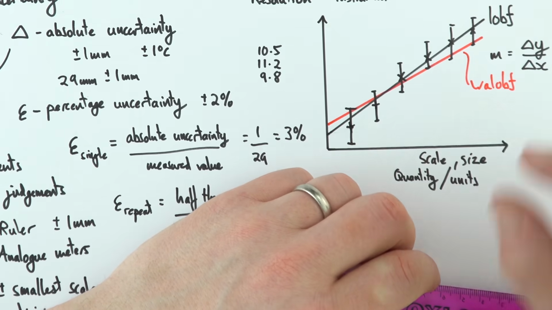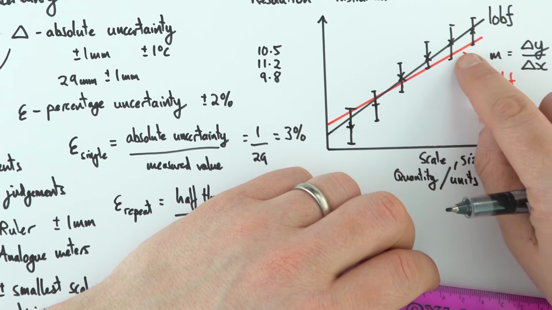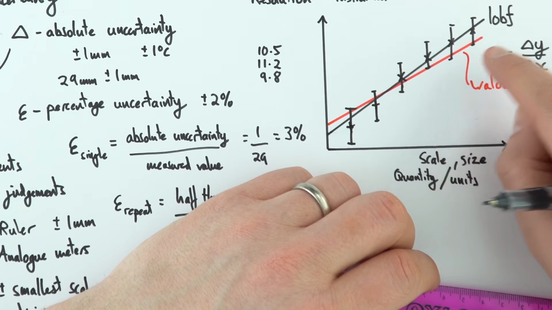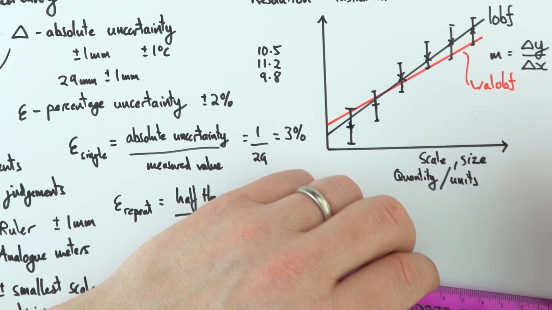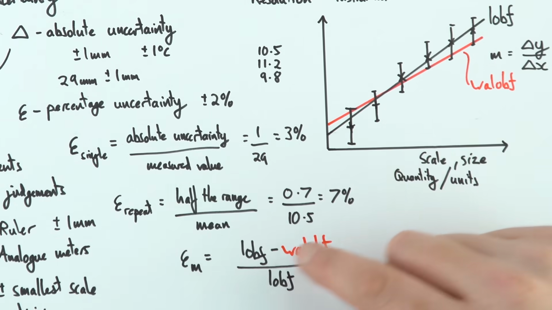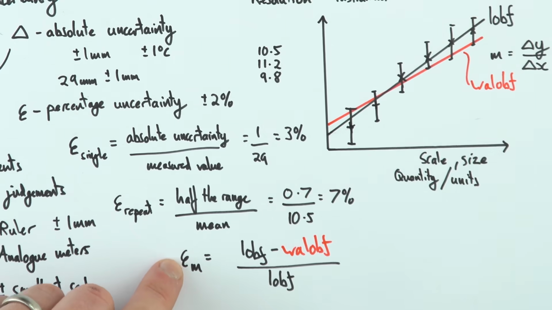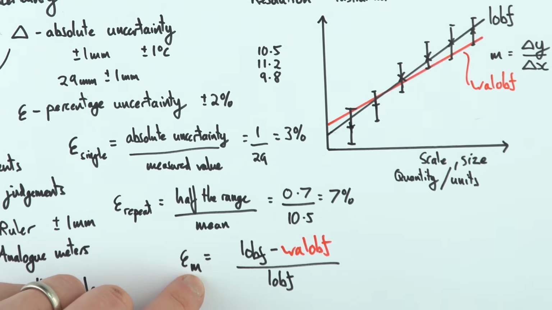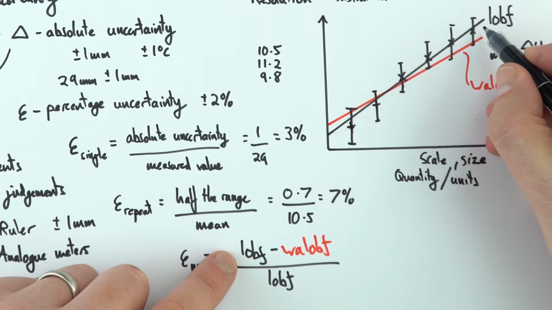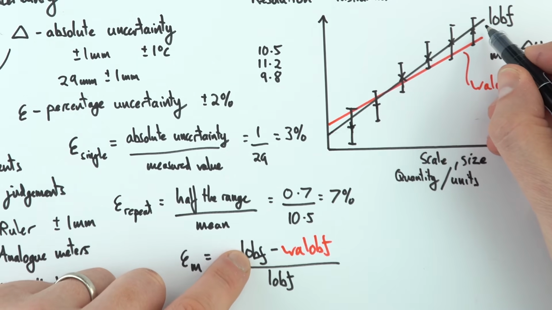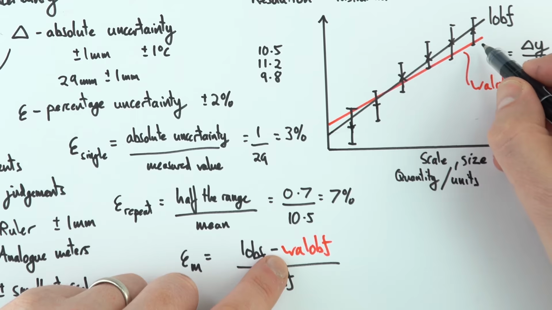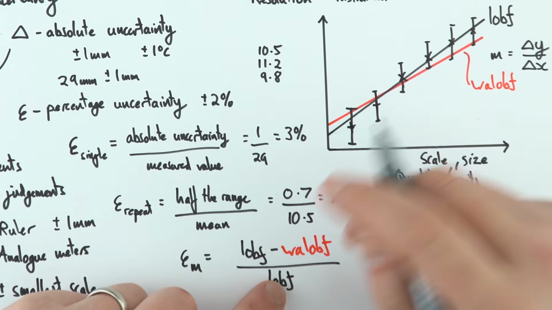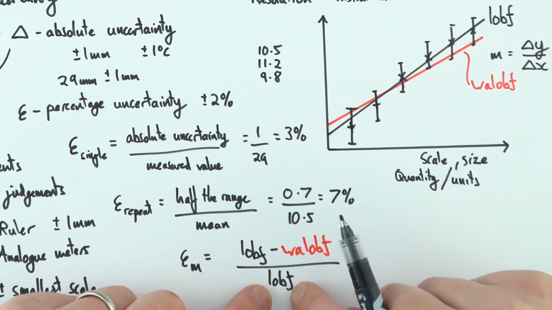Now, the reason we do this is that we want to quantify the uncertainty in this data. So we can look at the percentage uncertainty in the gradient, and we do that using this equation over here. The percentage uncertainty in the gradient m is equal to the gradient of the line of best fit take away the gradient of the worst acceptable line of best fit, divided by the gradient of the line of best fit.